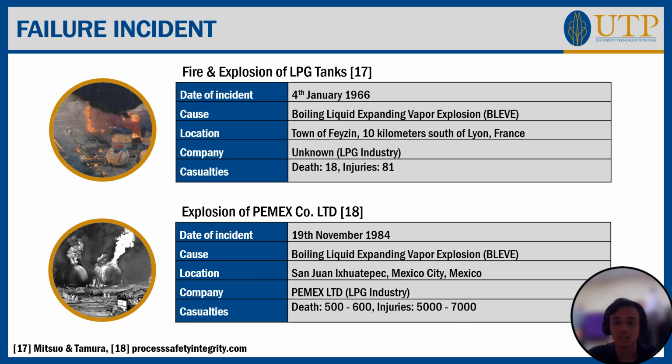It caused the deaths of at least 500 to 600 people and left about 5,000 to 7,000 others injured. The exact cause of this incident remains unknown due to the lack of evidence, lack of witness reports, and the complete destruction of the LPG tank farm. Both incidents were caused by boiling liquid expanding vapor explosion (BLEVE).